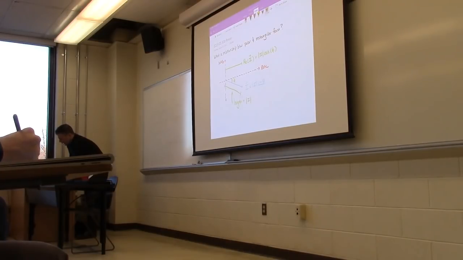You could also write negative theta, but for the cosine it doesn't matter, because the projection onto the x-axis would be the same. And then for the imaginary component, the imaginary component of I will be equal to magnitude of I times sine of theta.